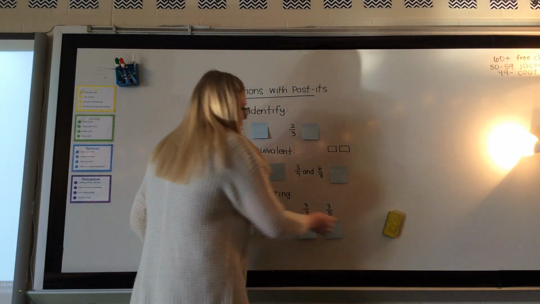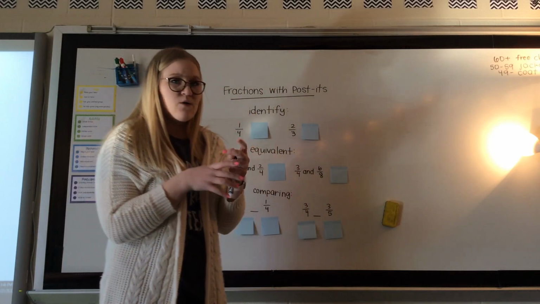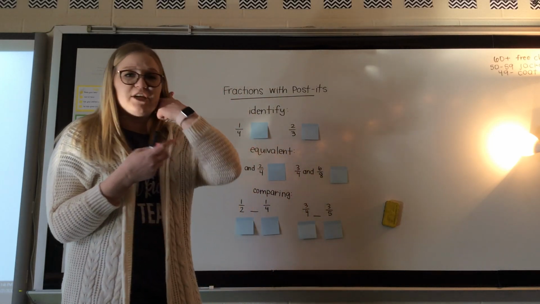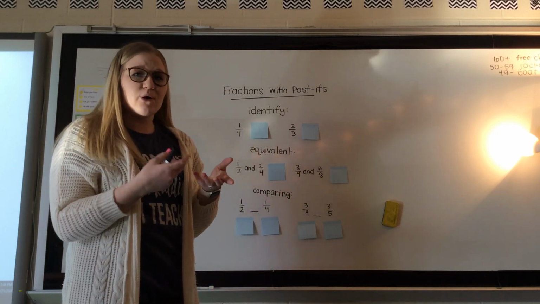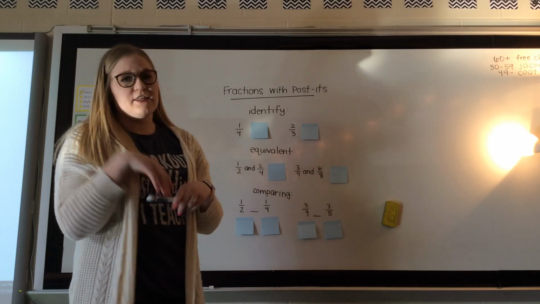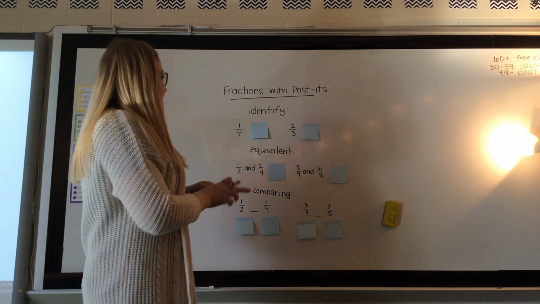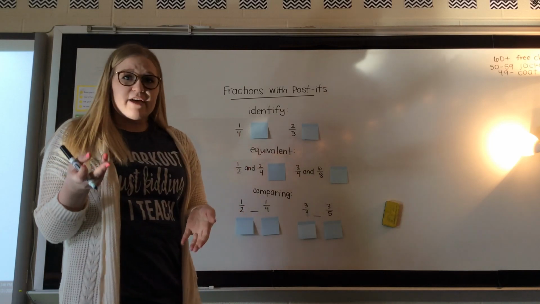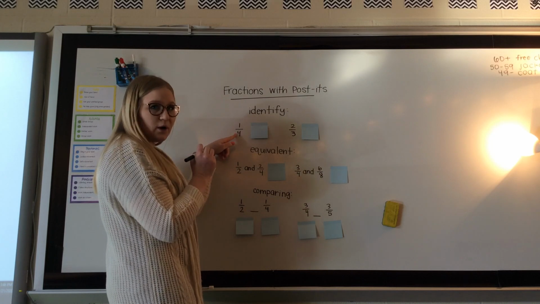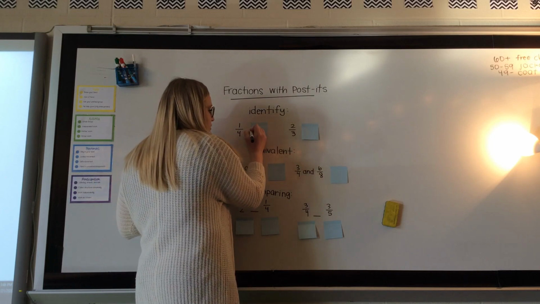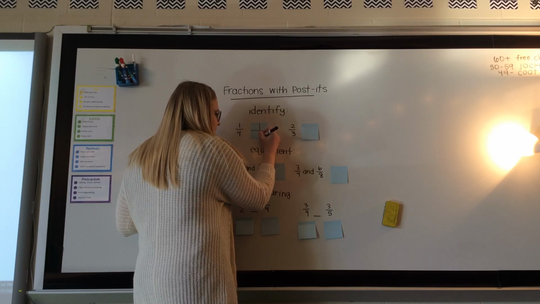There are three main components that we can talk about with utilizing fractions, especially in third grade. The first is beginning with identifying. If they have a Post-it, you can give them a fraction and they can make that model on the Post-it note. For instance, if you said 1/4, based on the denominator of 4, they're going to partition or split that Post-it into 4 sections.